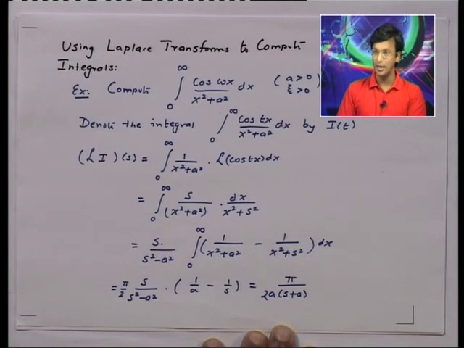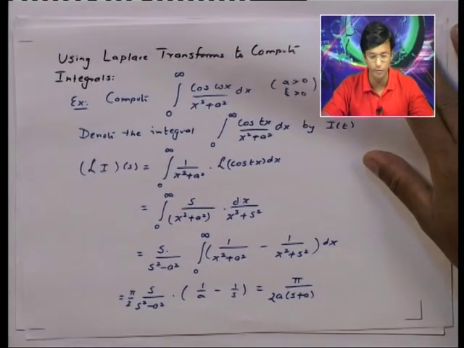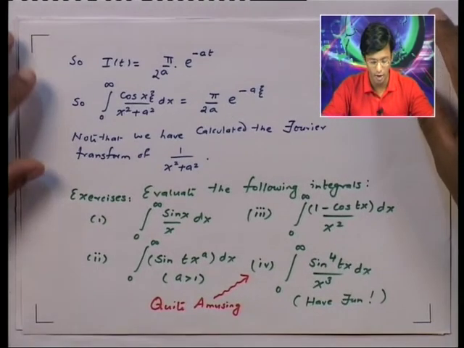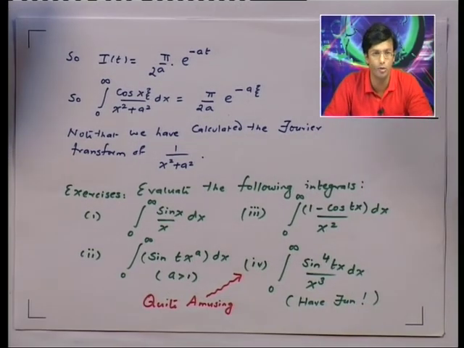So, the integral of cos of x psi upon x squared plus a squared dx is pi by 2a e to the power minus a psi. Note that we have calculated the Fourier transform of 1 over x squared plus a squared.